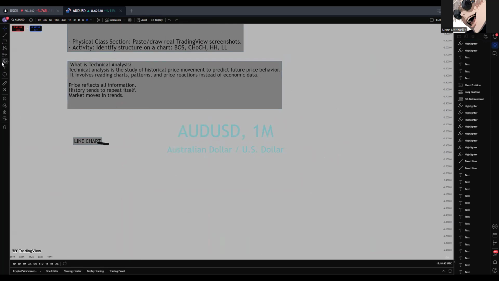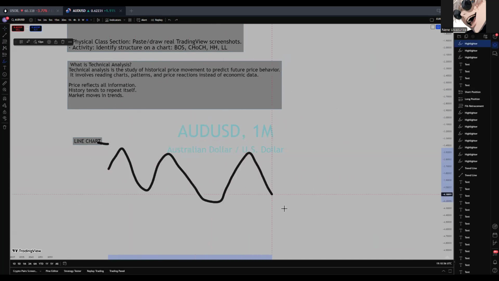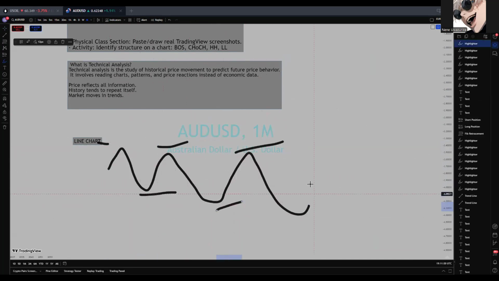It doesn't really give you details. It's giving you a peak, a trough, then another peak, a trough. It depends on the direction price is actually moving. That's the line chart.